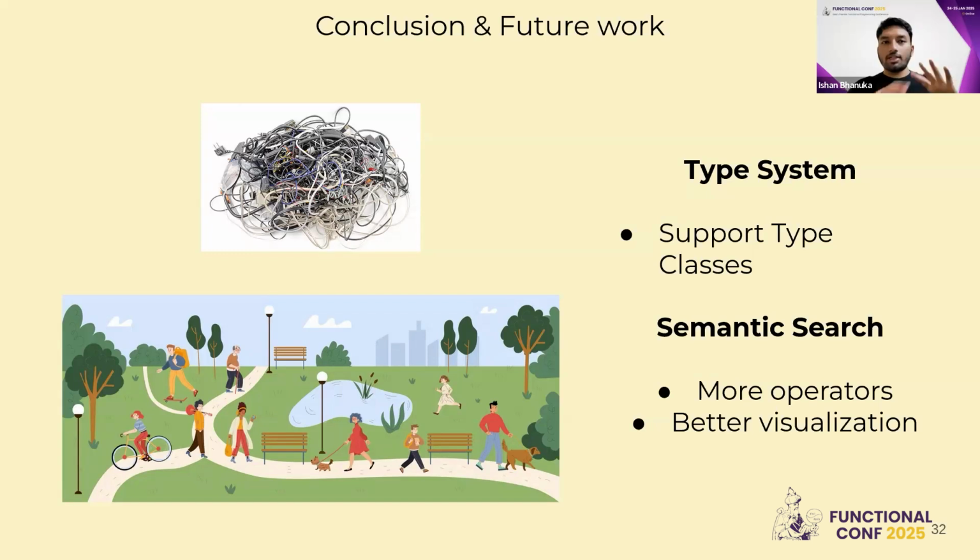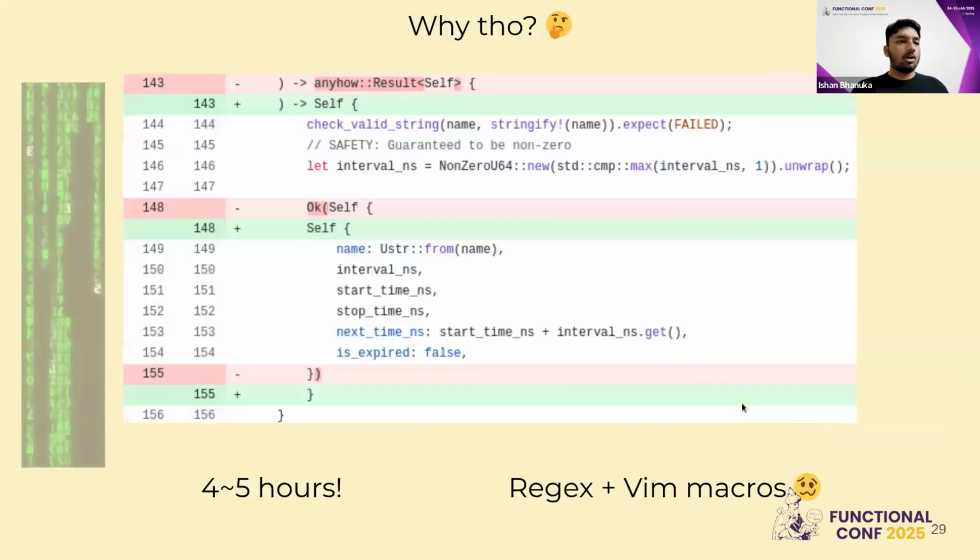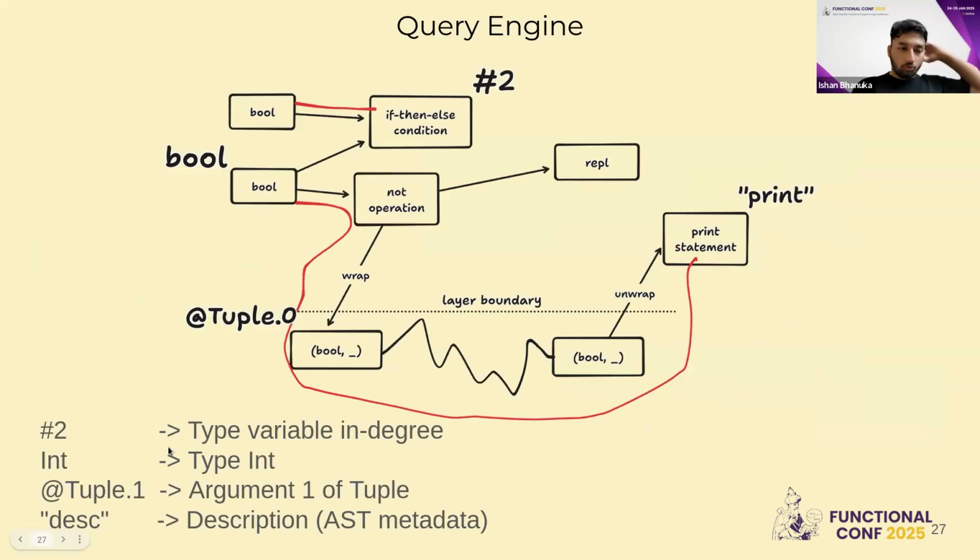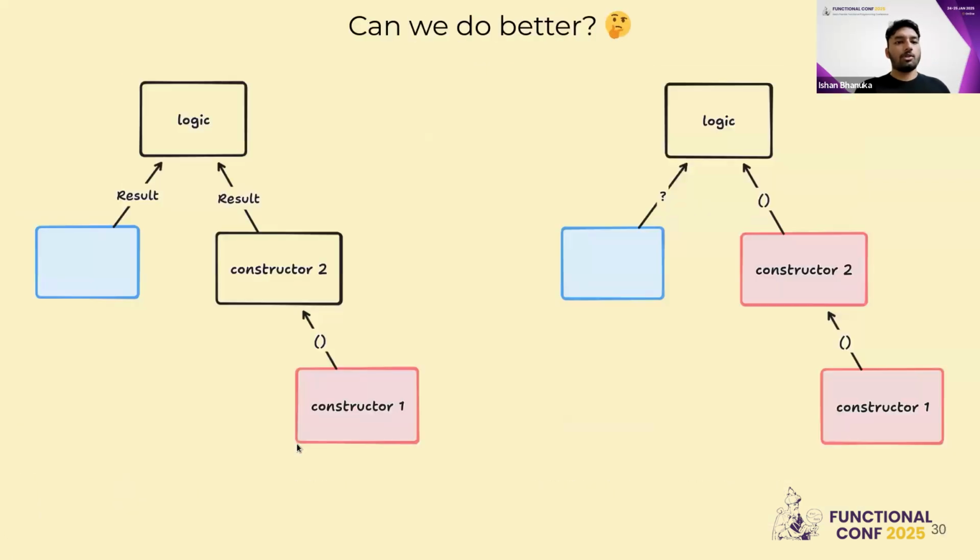Type classes don't fit into this neat analogy and neat diagrams that I've shown you, because type classes operate at a higher level. They don't fit in this graph diagram. They have to be supported differently. And semantic search itself needs more operators and better visualizations. Right now, if you notice, I'm supporting 4 basic operators, but more powerful operators can be built on top of it.